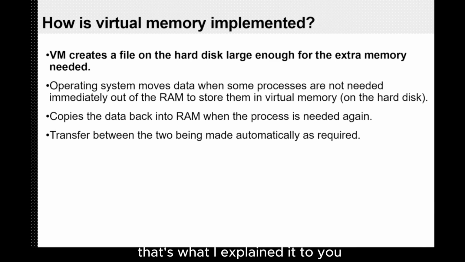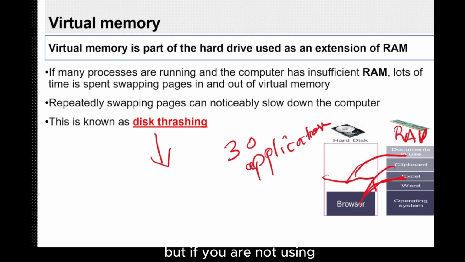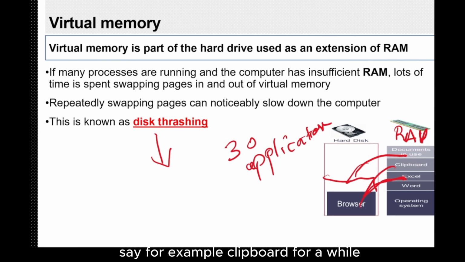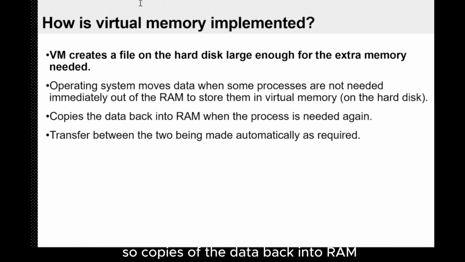So if you are not using, for example, the clipboard for a while, it will move to virtual memory. Then copies of the data are moved back into RAM when the process is needed again, with transfer between the two made automatically as required.